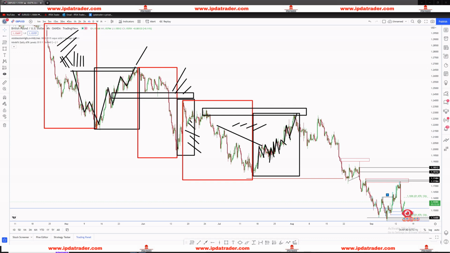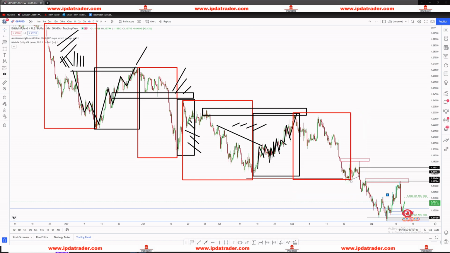So let's highlight the last expansion over here. Once again, I would not consider this an expansion. It probably is on a lower time frame, but an expansion for me would be below the low that I've highlighted. So below the current low, and we can see that happens the moment we trade below it. Here we trade below it.